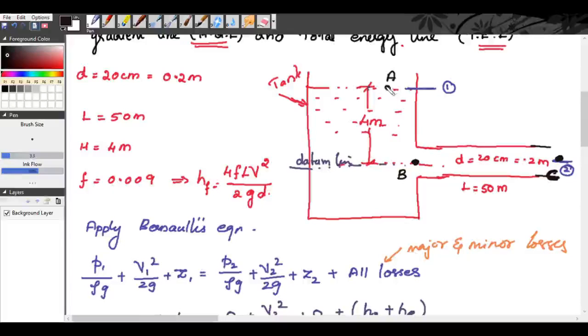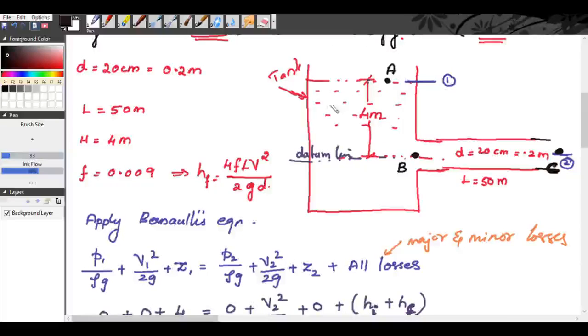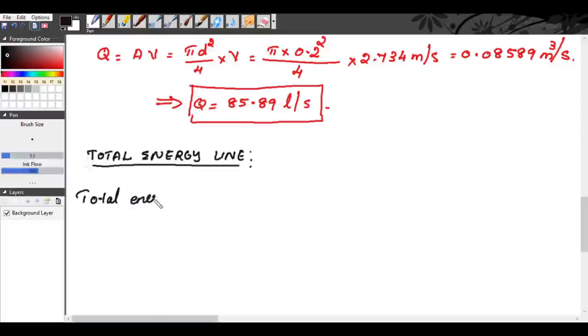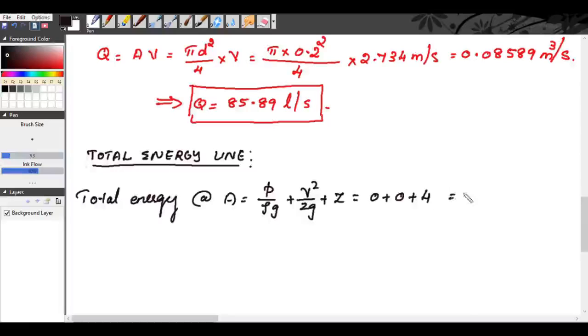So first we are going to find the total energy line. Total energy at A is equal to 0 plus 0 plus 4, that is 4 meter.